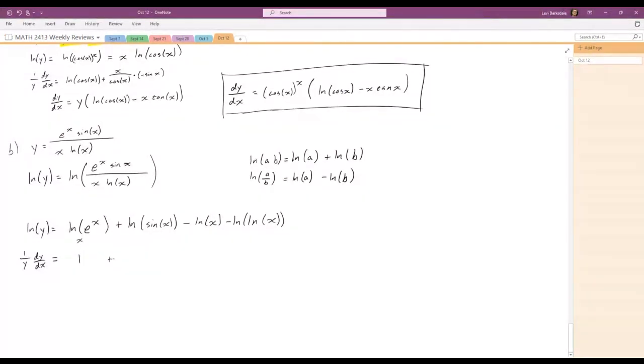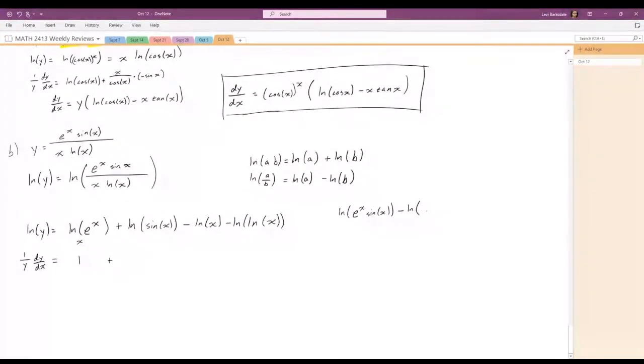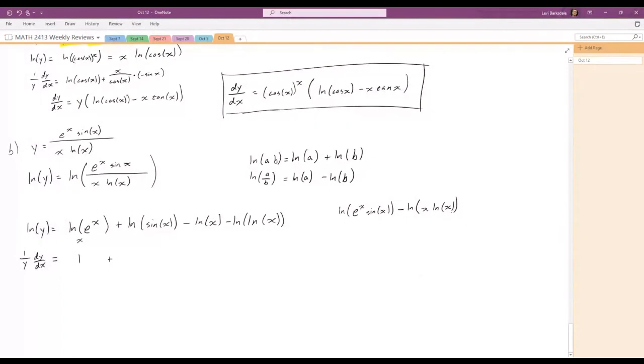Shouldn't there be a plus sign between ln of x and then ln of x? Because of multiplication. That is a good question. Really, I kind of did a couple of steps in one go. So you can think of it as being the natural log of e to the x times sine of x minus the natural log of x times natural log of x if I just apply my division rule first, right?